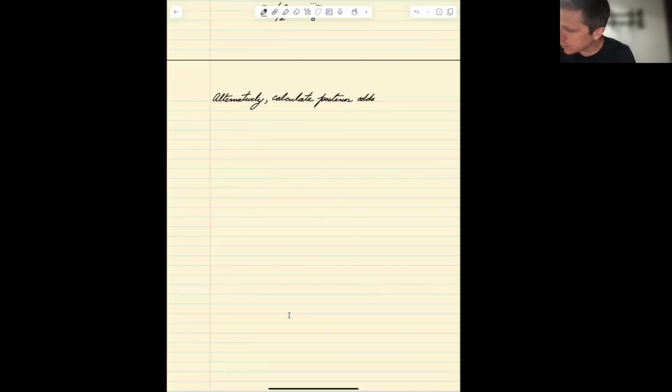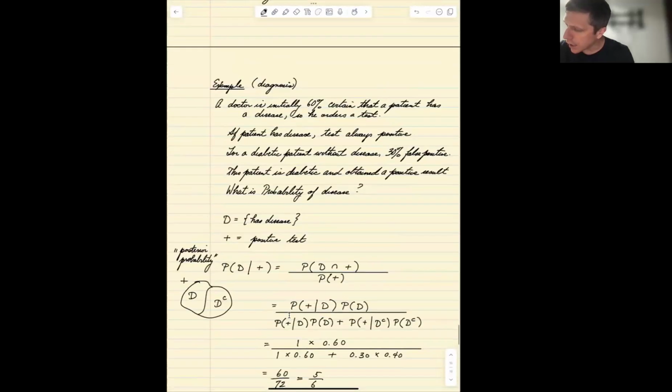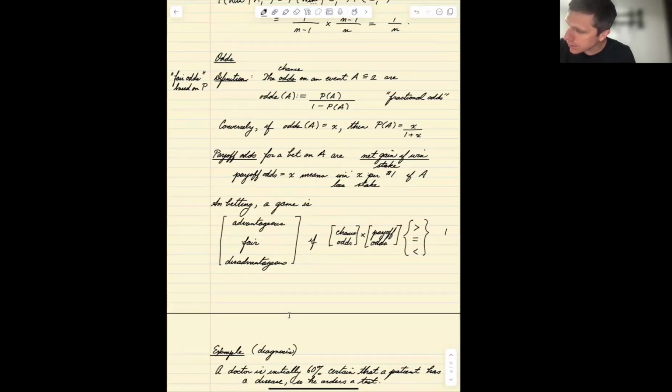Similarly, we can calculate posterior odds. These are the odds of disease given a positive test. By definition, what are odds? Odds are defined as probability of A divided by probability of A complement.